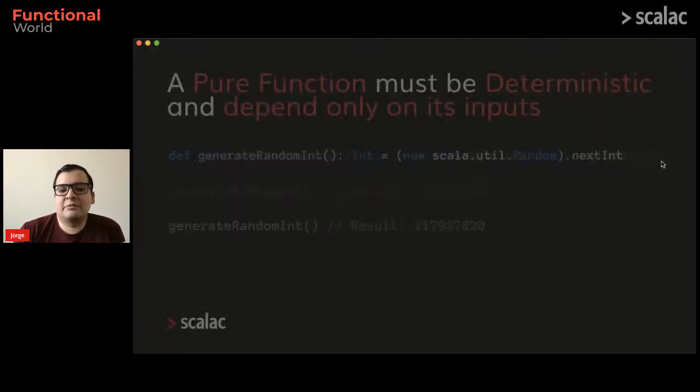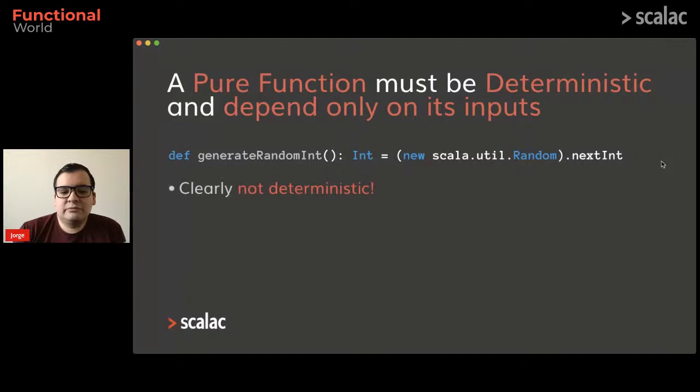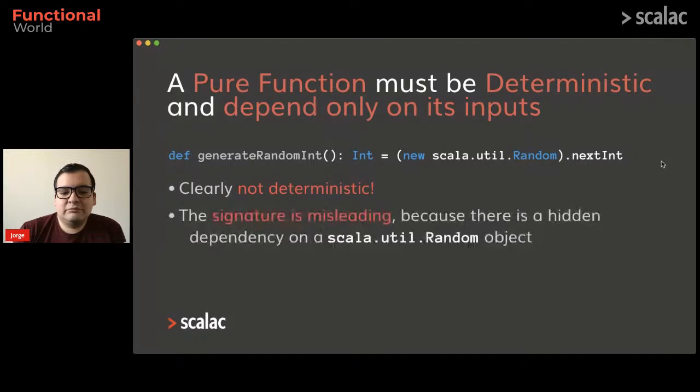So it's not deterministic. Here, the signature is misleading again. Why? Because there is a hidden dependency on this random object. In theory, generate random int doesn't depend on anything for generating random integers, right? Because we don't need to provide any input to the function for calling it.